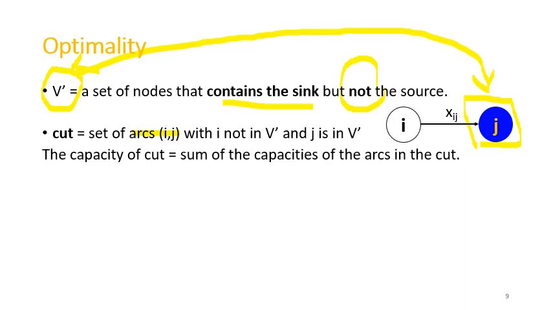Now the capacity of this small cut is the sum of capacities of all arcs in the cut. So we will take the summation of all capacity of the arcs that are included in the small cut.